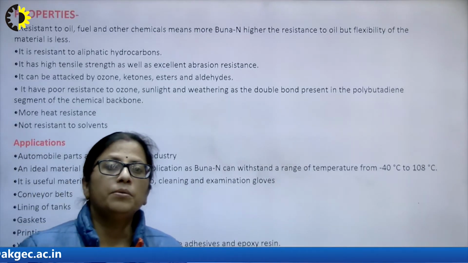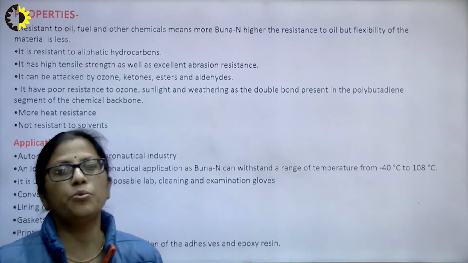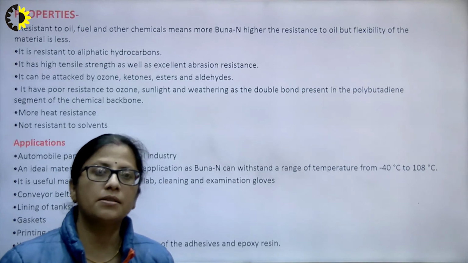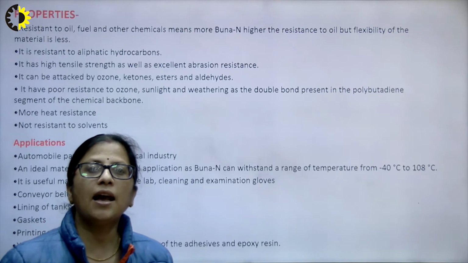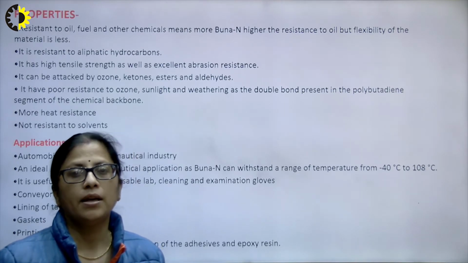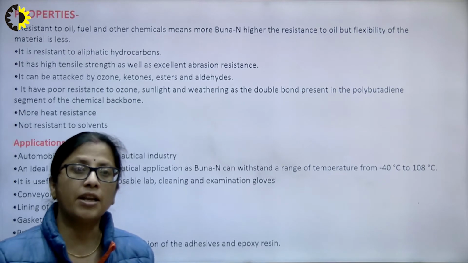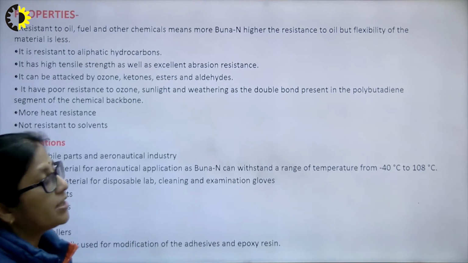Now, this Buna N is resistant to oil, fuel and other chemicals, which also means that Buna N has higher resistance to oil, but the flexibility of the material is less, it is less flexible. Then it is resistant to aliphatic hydrocarbons.